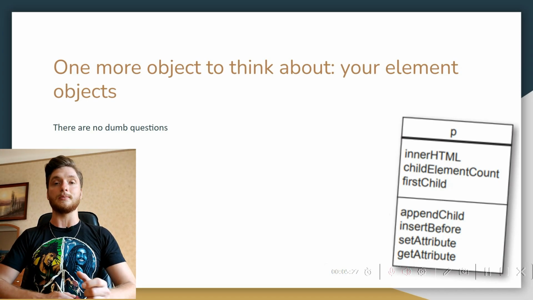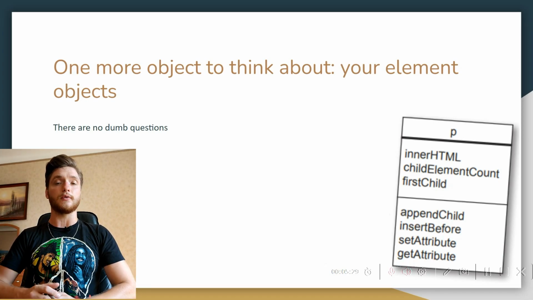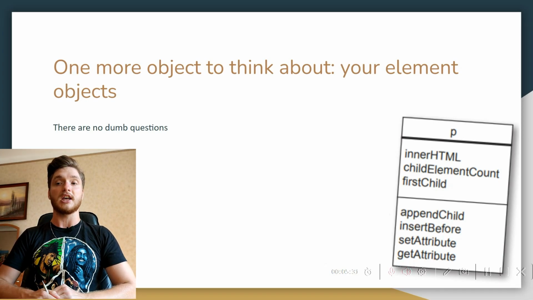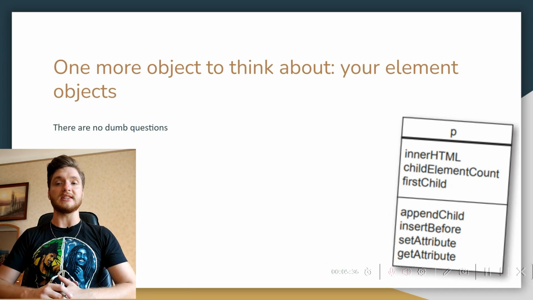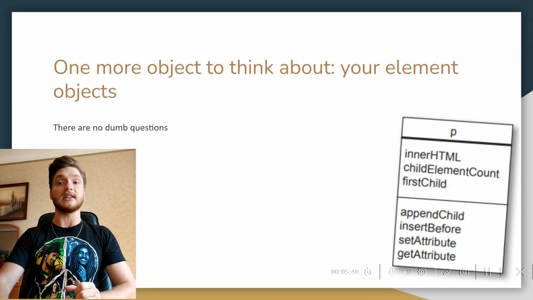You can use the methods appendChild and insertBefore to insert new elements into the DOM as children of this element. We'll use setAttribute and getAttribute to set and get attributes like src, class, and id in elements.